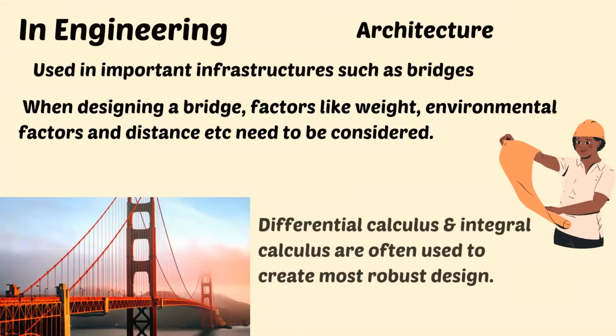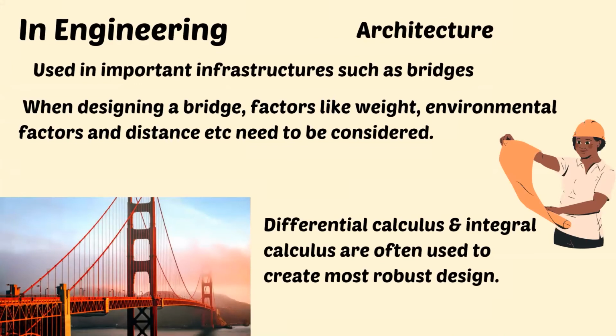Now we can see the different branches of engineering where calculus is being used. So there are different branches. Let us first concentrate on architects or the architectural engineers. In the case of architectural engineers, while building the infrastructure, they need to have an idea about different factors.